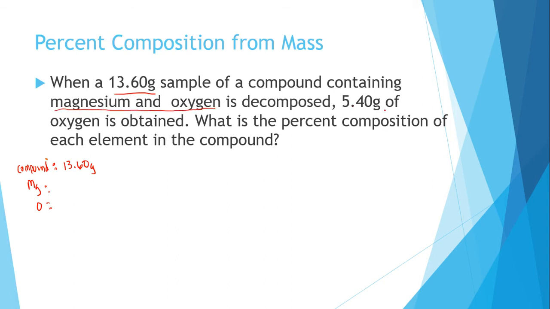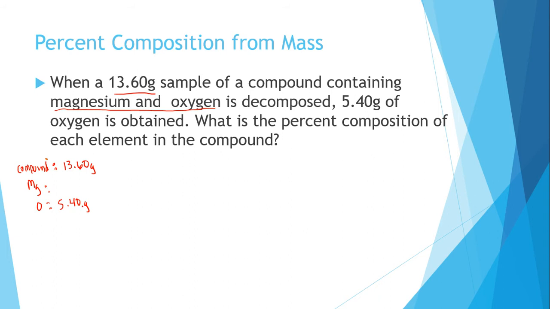Now, 5.40 grams of that is my oxygen. And it doesn't give us the magnesium, but if these two have to add up to be my compound, the easiest thing to do is to subtract 13.60 minus 5.40.